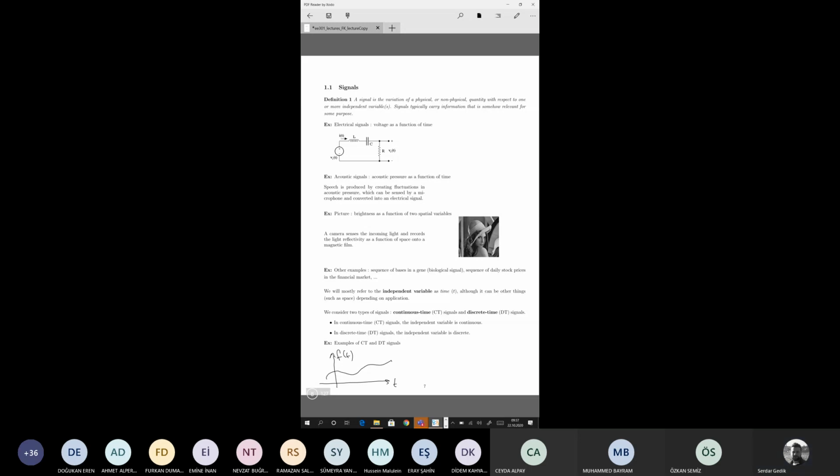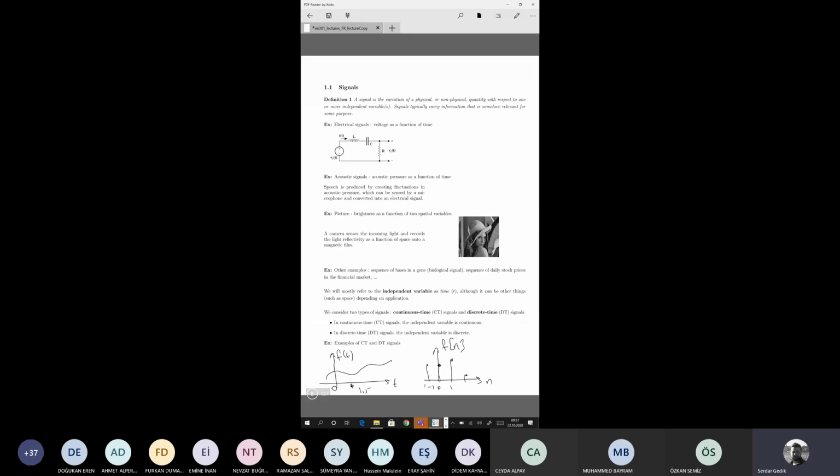When you compare it with the discrete case, in the discrete case this is my discrete signal, and the independent variable takes some discrete values. In continuous, I can have any value here, let's say 1.5. But in the discrete case, I must have some discrete time indices.